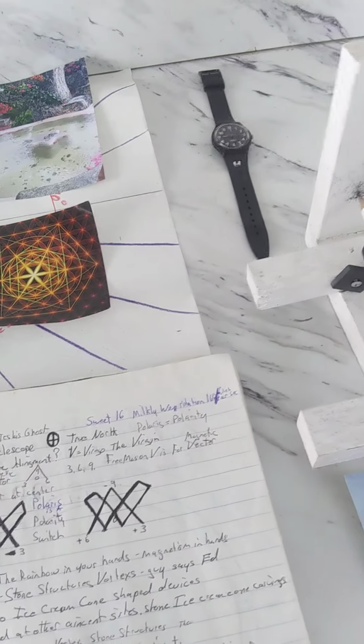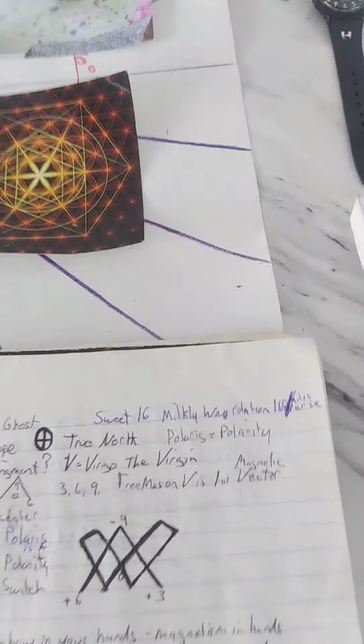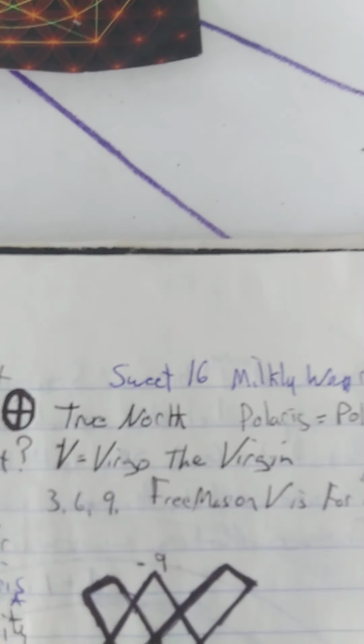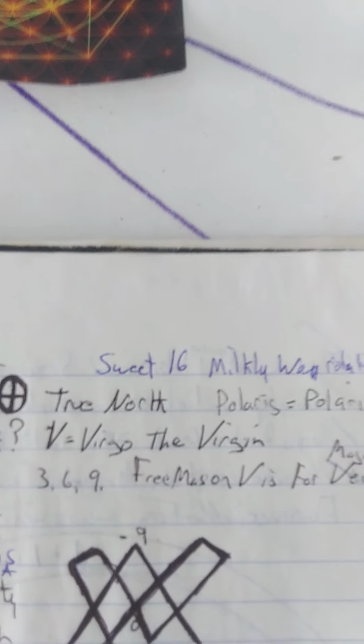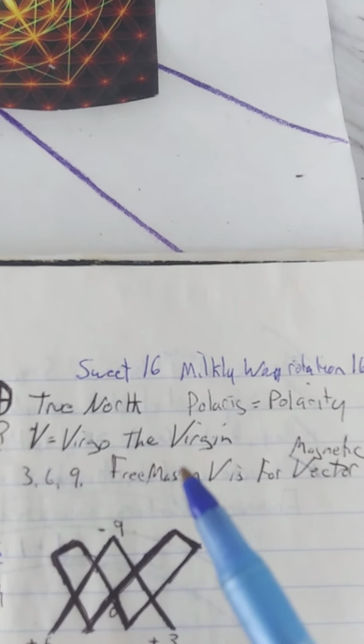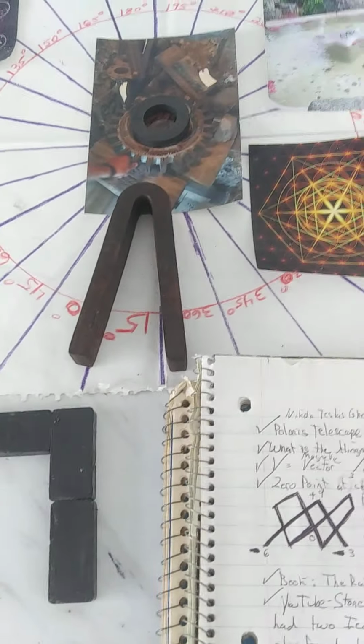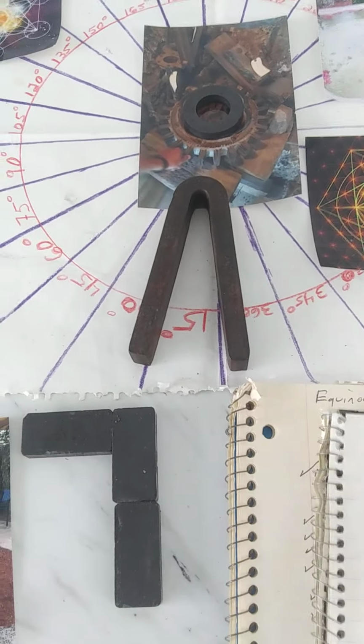So, Polaris is true north, and this is representing the V for Virgo divergent. And it's dealing with the Sweet 16, which is the rotation of the Milky Way.